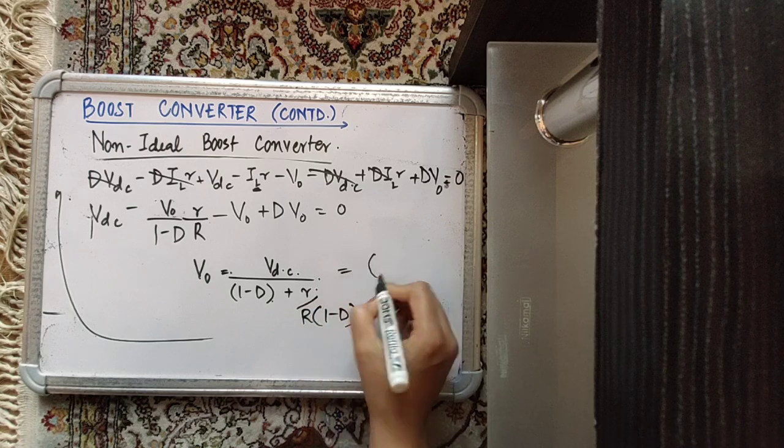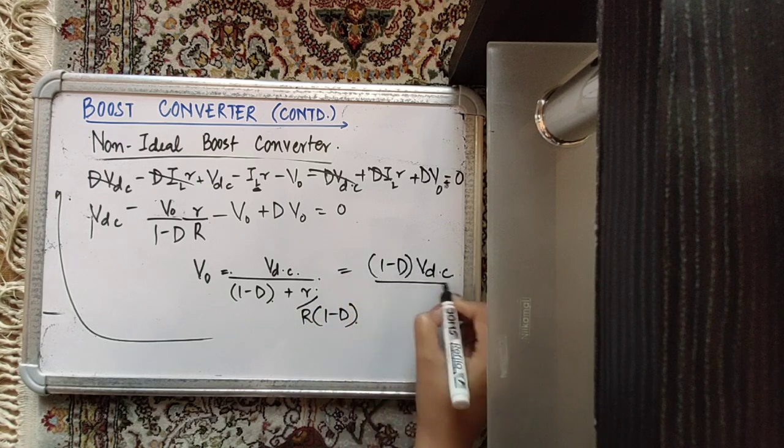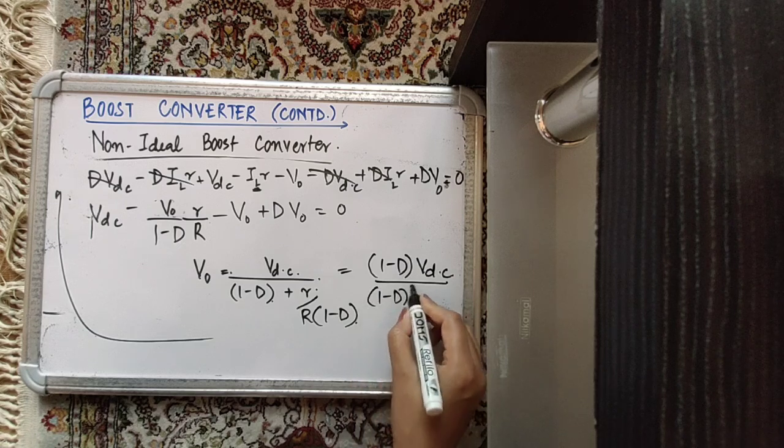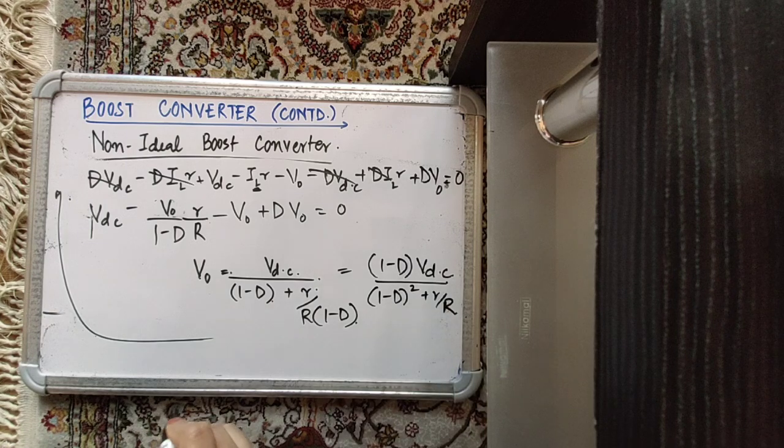Or I can say (1 minus D) into VDC, and this becomes (1 minus D) whole square plus r upon R, right?